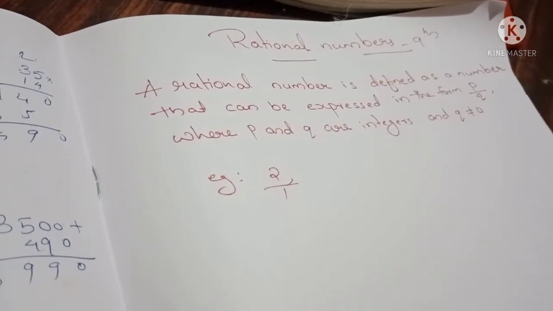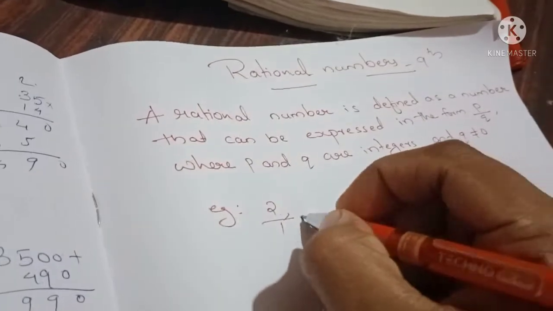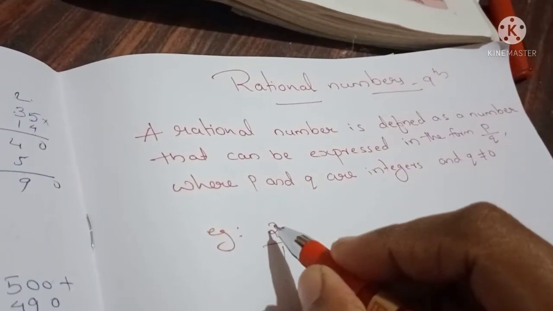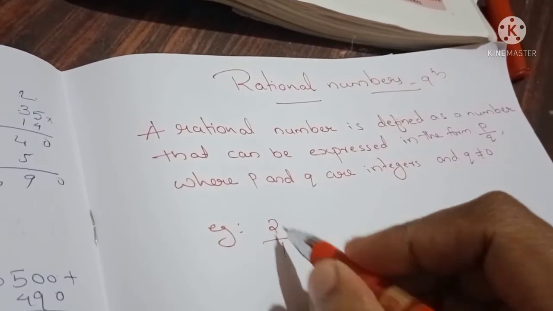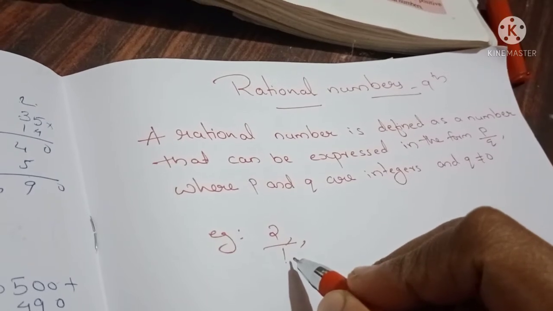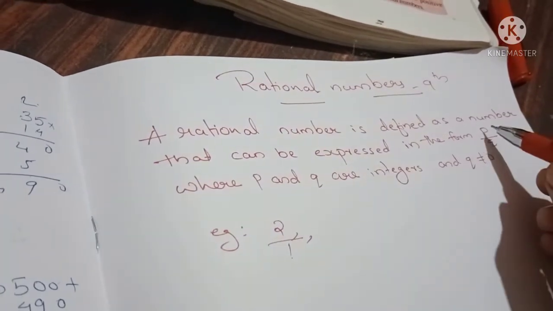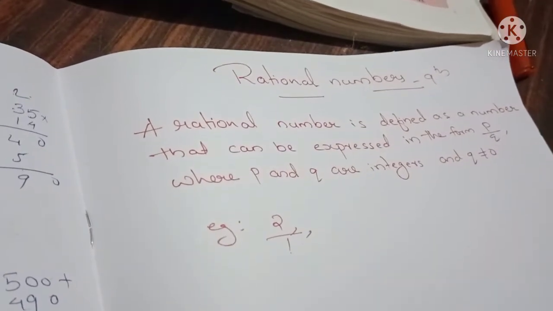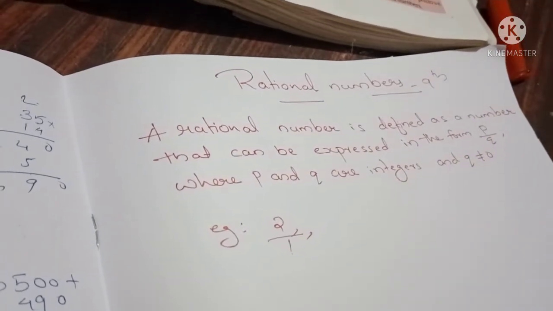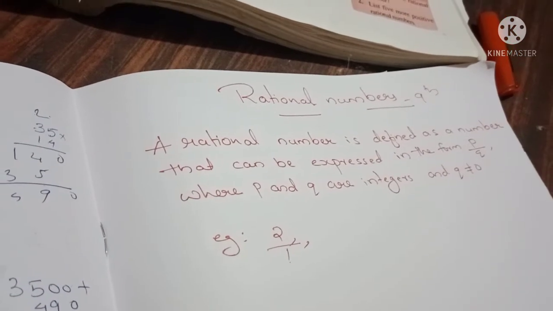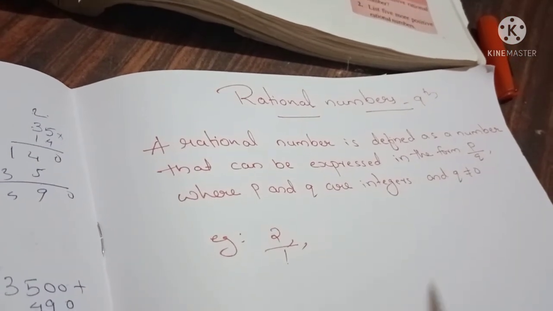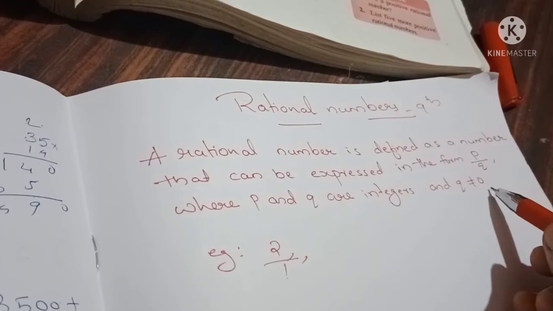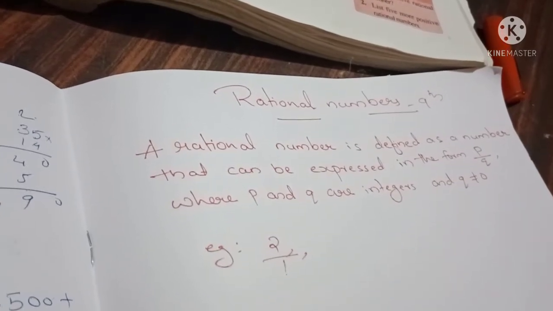So what is a rational number? That is our question. A rational number means the numerator and denominator can be expressed in the form of p by q. You can give any integer value to p and q, such as 2, minus 2, or 0. But there is one more condition: q is not equal to 0. q cannot be 0.